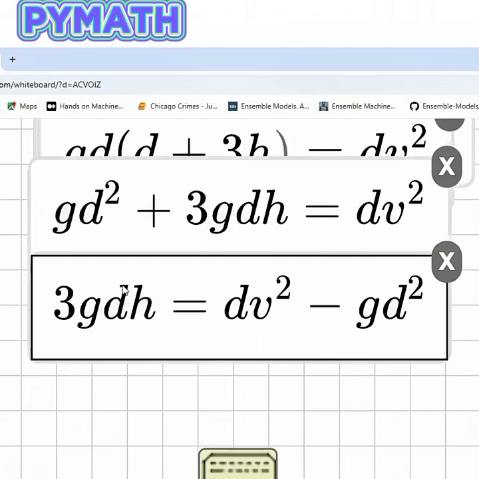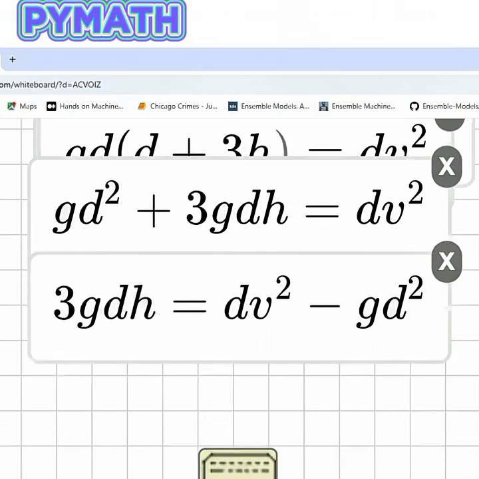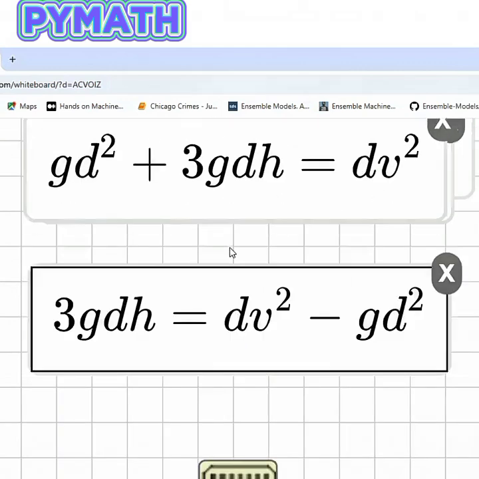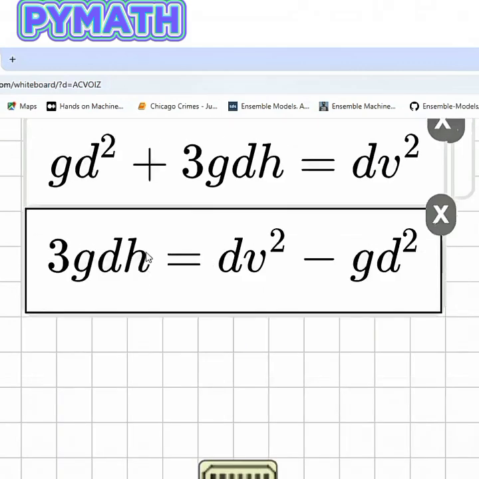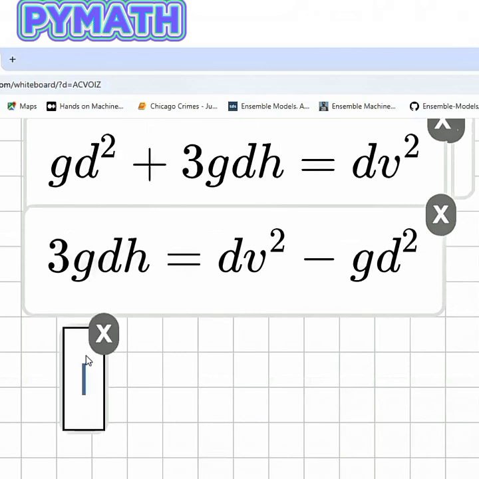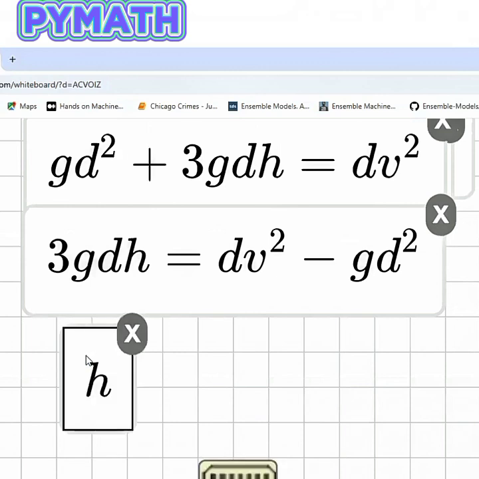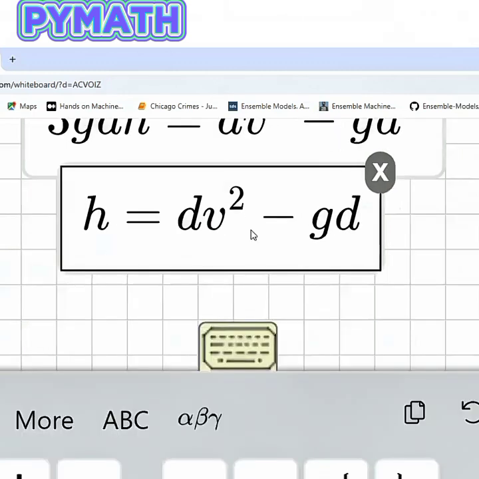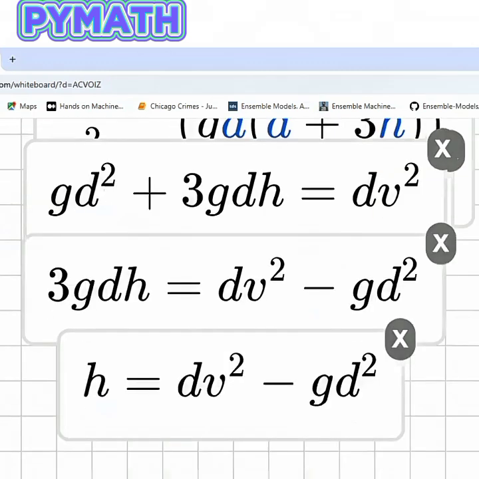Now, we are looking at h, making h the subject of the formula. To make h the subject of the formula, we divide both sides of the equation by 3gd, so that h will be equal to dv squared minus gd squared, the entire result divided by 3gd.